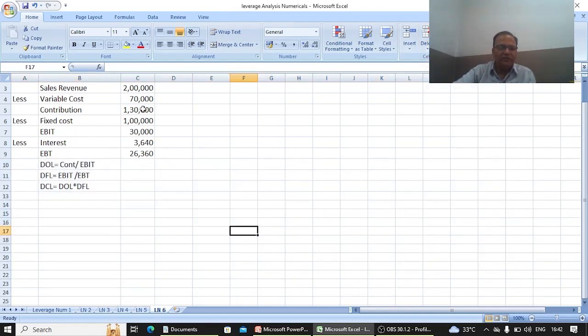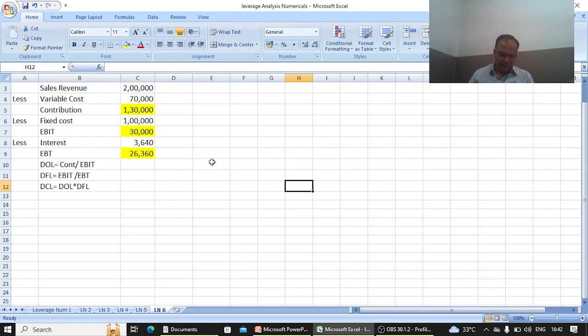Degree of operating leverage: this is contribution, this is EBIT, this is EBT. Now 130 divided by 30.